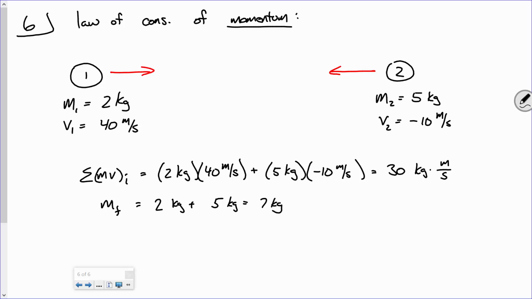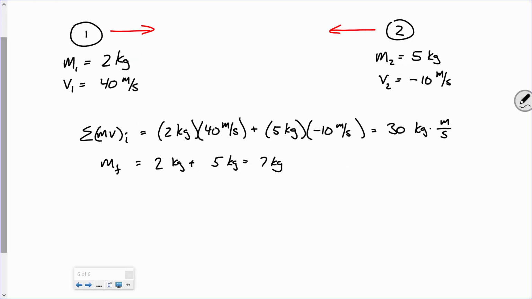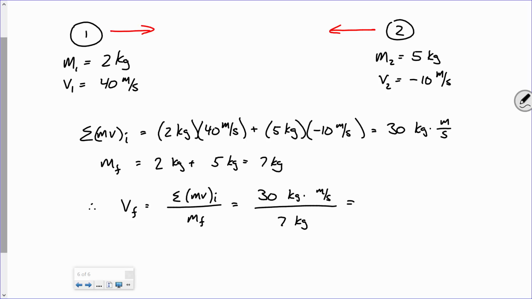Because they stick together, right? So therefore, what is 30 over 7?